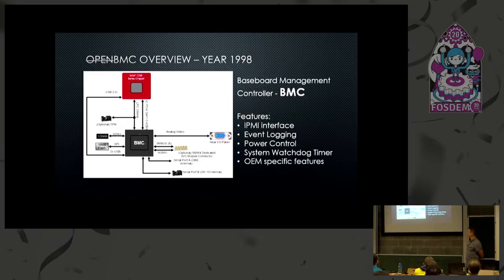It also has a dedicated firmware running on it. An interesting part is that it had a dedicated NIC card for remote management. The first version had some basic features like IPMI support, event logging, power control, system watchdog timer, and also OEM-specific features that each vendor delivered.